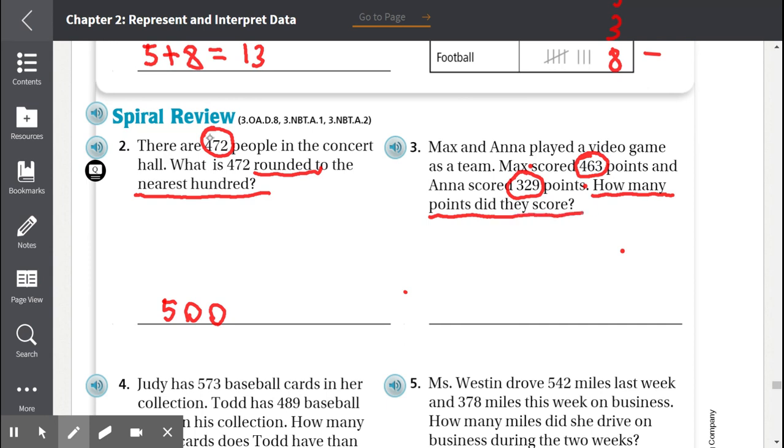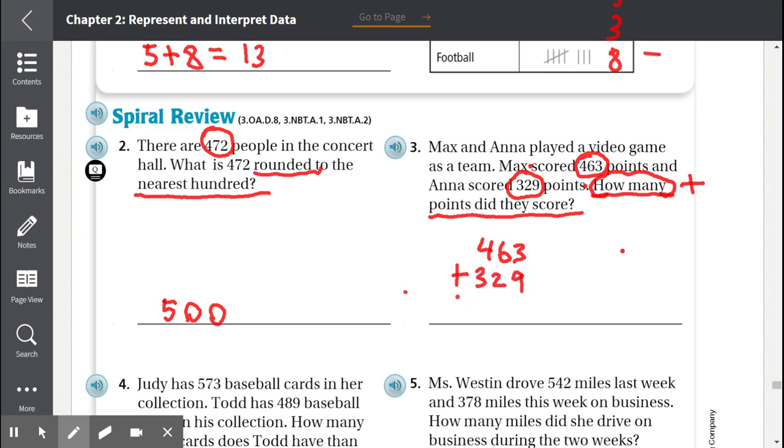How many points did they score? How many means to add. So I'm going to put a plus sign here. So let's add 463 plus 329.